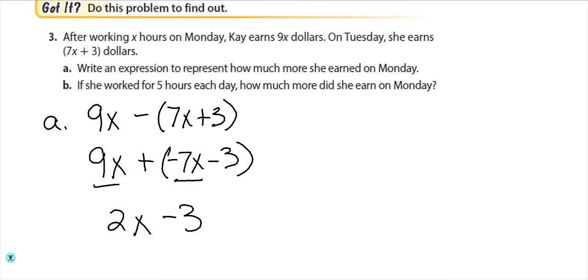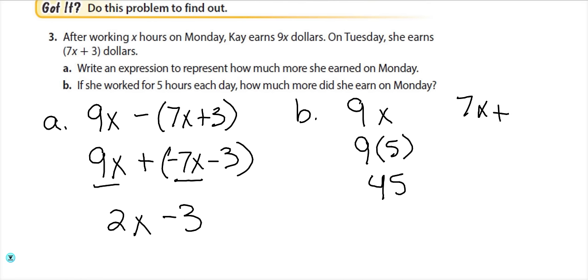All right, so part B. If she worked for 5 hours each day, how much more did she earn on Monday? Well, on Monday, she earned 9x. Okay, so that would be 9 times 5, which would be 45. On Tuesday, she worked 7x plus 3.